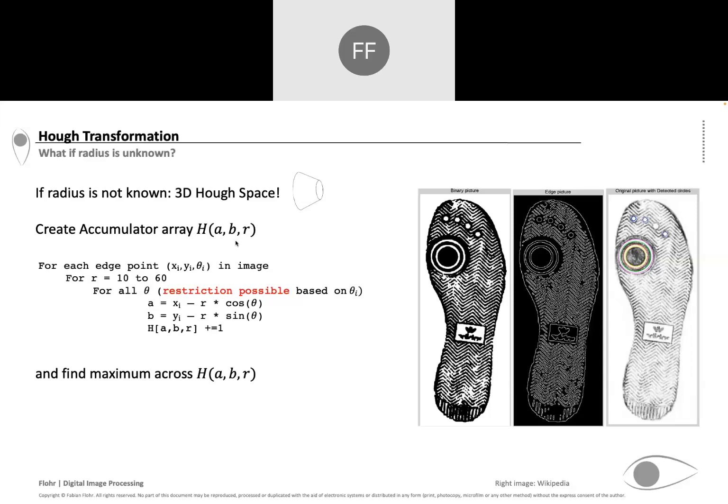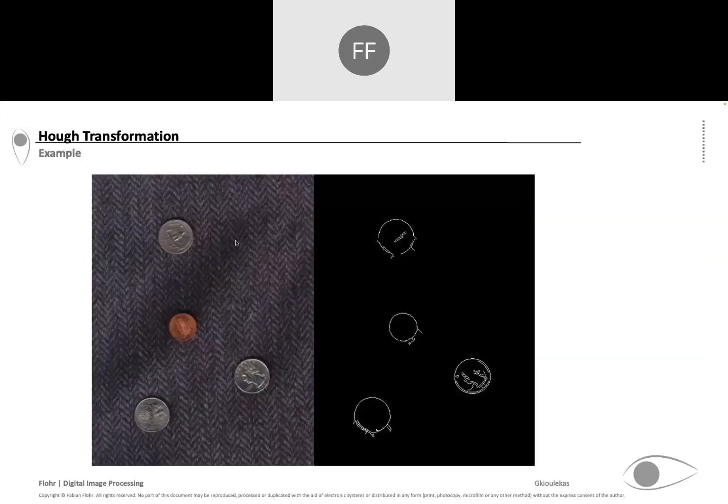So we loop over multiple radii, and for all thetas, basically, we have another for loop here. But we can have this restriction based on the theta that we have given in our feature points here. And then we do the same here. We find the maximum in this accumulator array to identify these nice circles here.